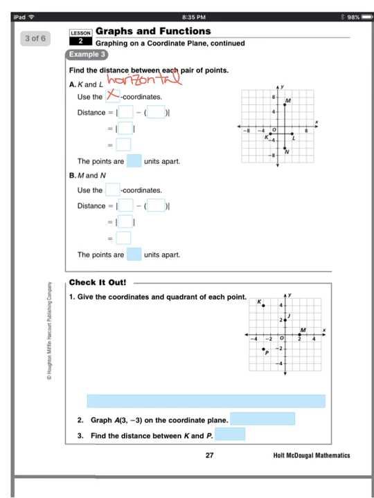So we're going to look at point K, and we're going to look at point L. And if you notice, this one doesn't just go 1, 2, 3, 4 when they label it with our little numbers on our number line. So actually, K is at negative 2. Okay, and L is over at 4.